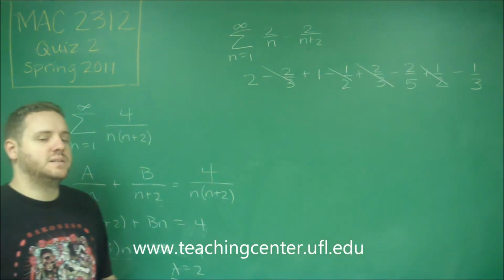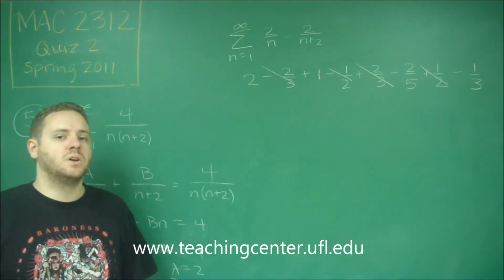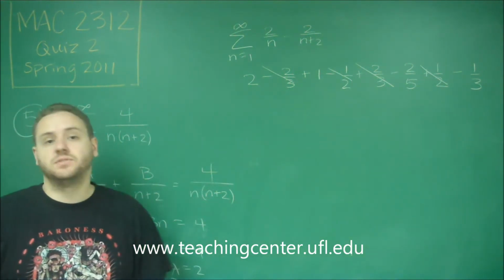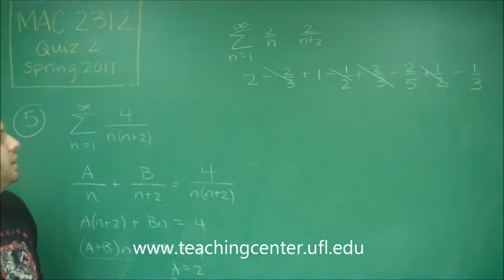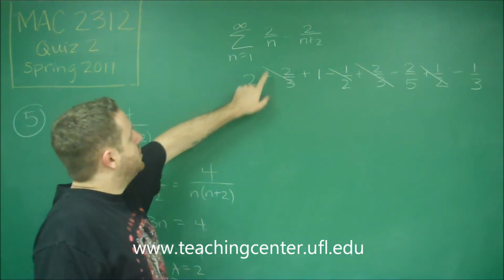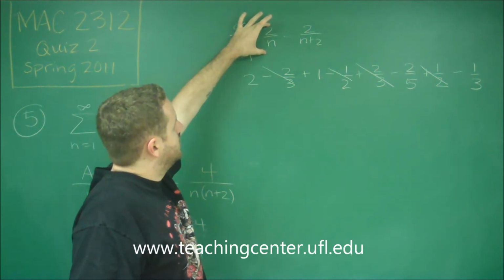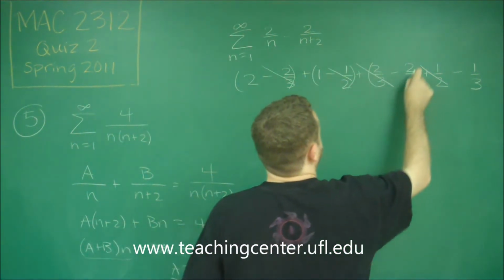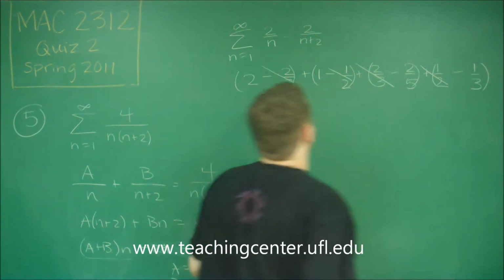So what we need to consider is what terms are actually going to be left once we add tons of terms of this sequence. Let me write some parentheses around these so I can say this more clearly.